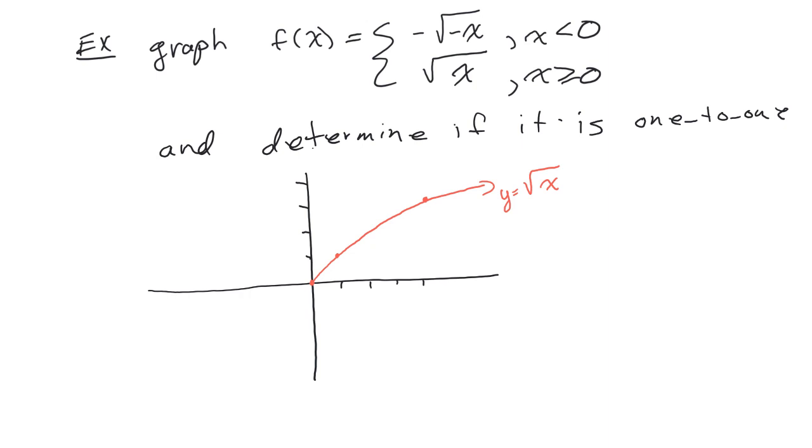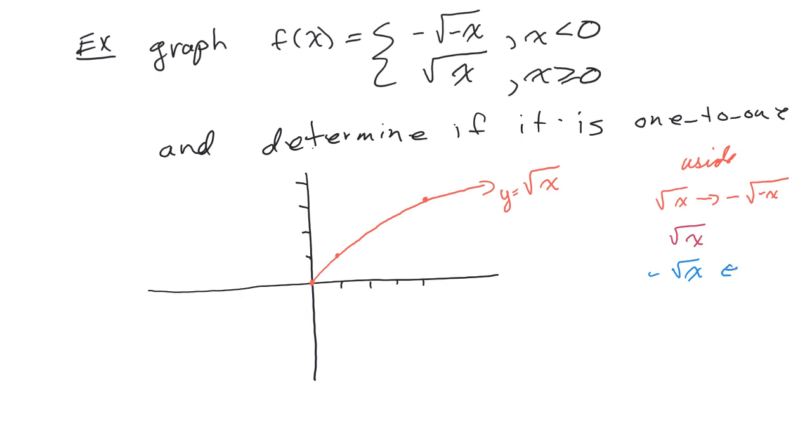Now, let's say I want to graph this. Let's put an aside here. Let's say I want to graph the square root of x, and we're going to turn it into negative square root of negative x. We've got to use the math that we did before. So the first thing we do is start with the square root of x. Now, to get to the negative root of x, that means we're going to flip our graph down.